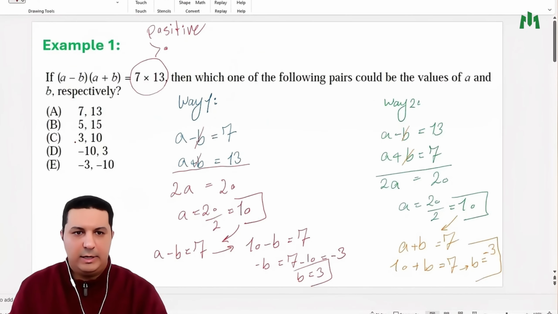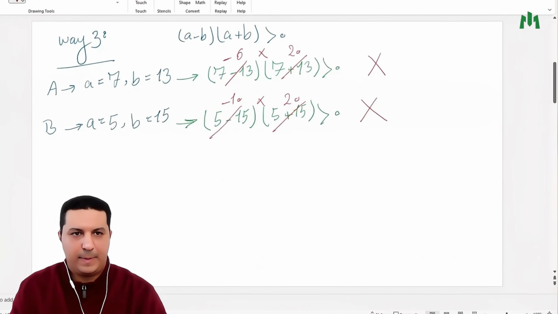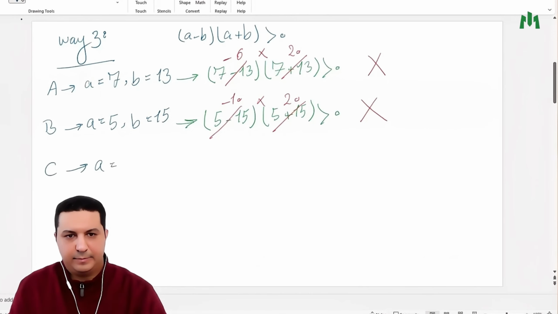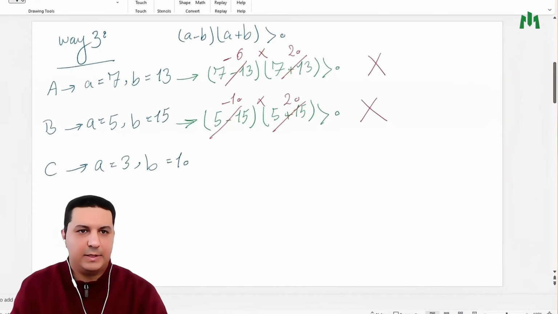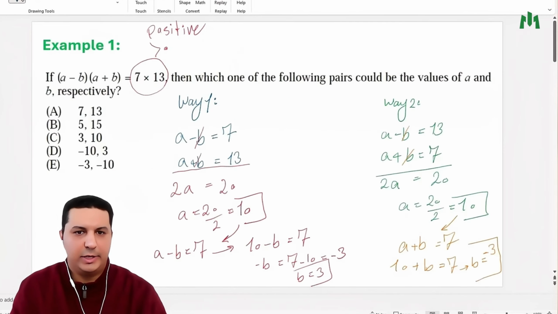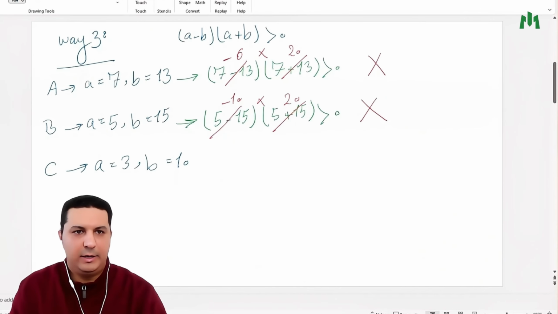The third one, C, 3 and 10. A is 3 and B is 10. Let's double check. Yes, 3 and 10 is okay.